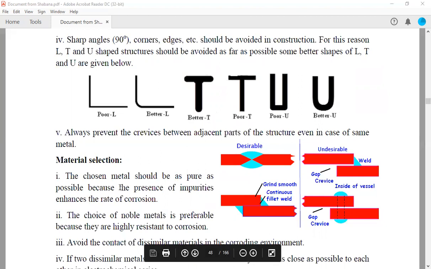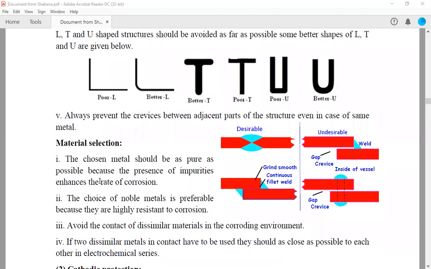The choosing of the metal, the material selection, is also very important in proper designing. The metal chosen should be as pure as possible, because the presence of impurities enhances the rate of corrosion. The design of the equipment should allow free circulation of air for proper drainage and easy washing.